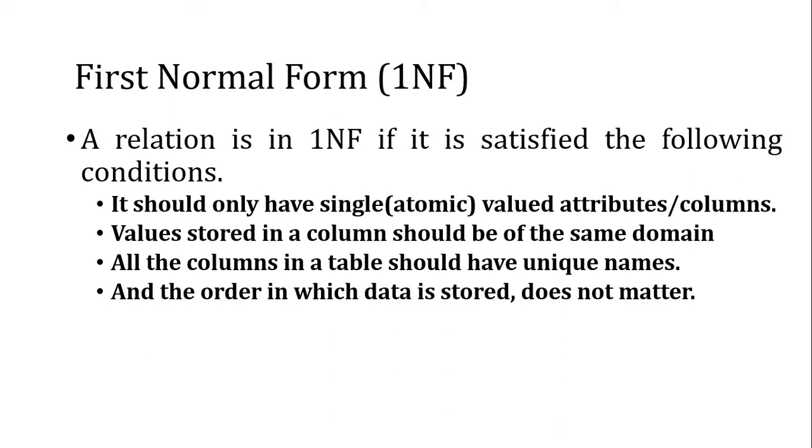Number two, the values you enter in a column should be the same type, same domain. Number three, the names of the attributes should be unique, and number four, the order of the rows doesn't matter, they don't need to be sorted.